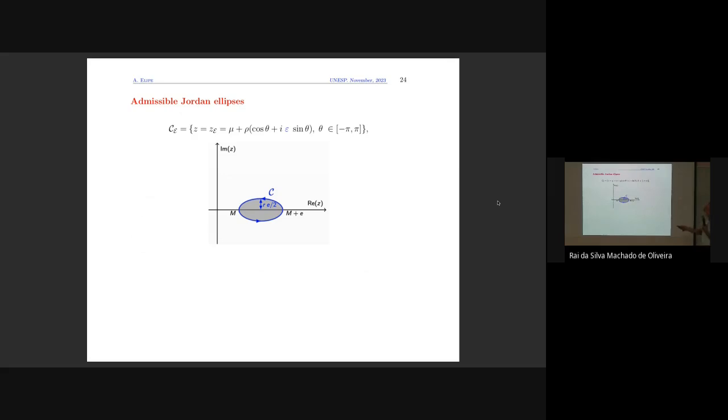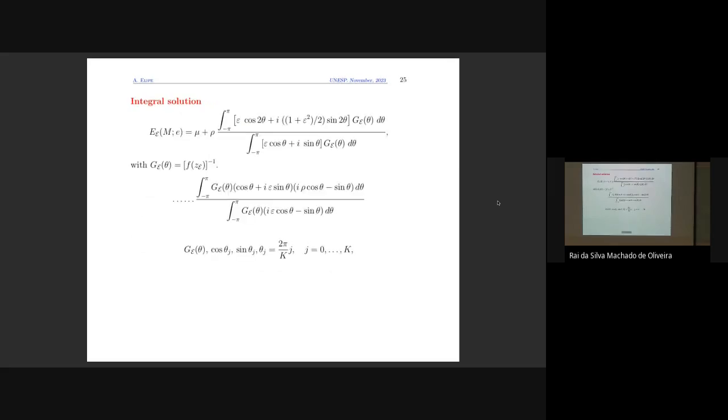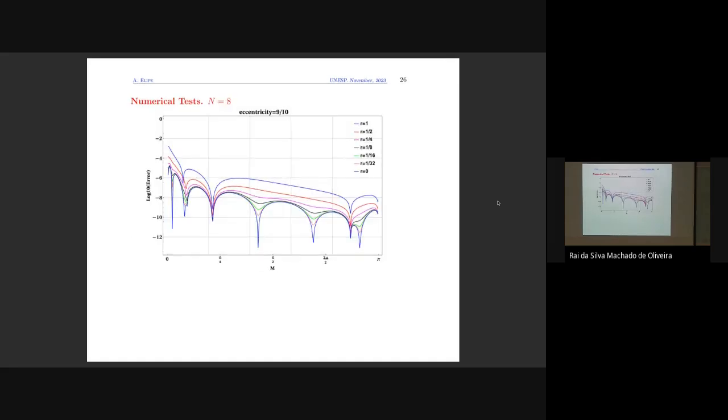Otherwise we will have the circle, and now we have an ellipse. And we do exactly the same, just putting the quantity there. It is exactly the same procedure, and these are the results.